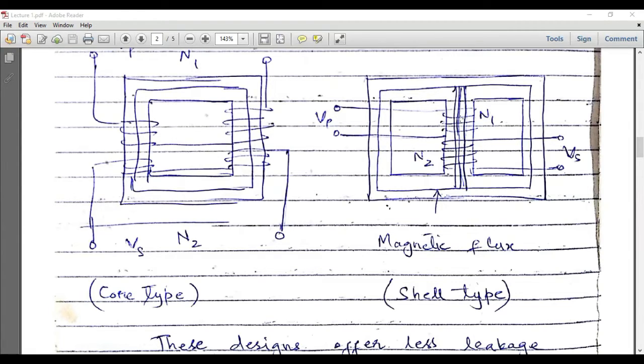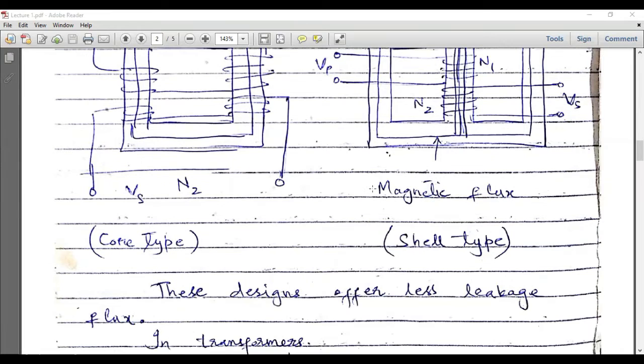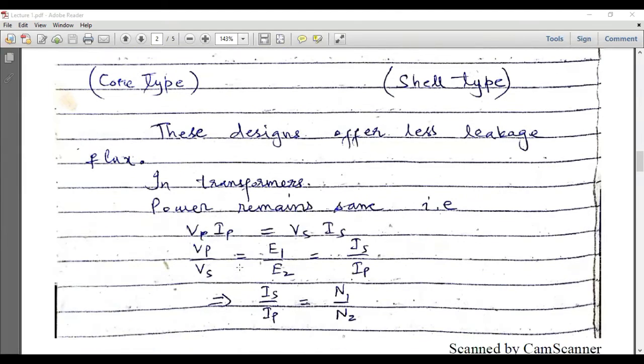So primary winding is done on this leg, and secondary winding is also done on this leg, and the flux which is produced in the primary will be linked with this secondary, and there will be very small leakage flux again in this case. So these designs offer less leakage flux, and in transformers, power remains the same.